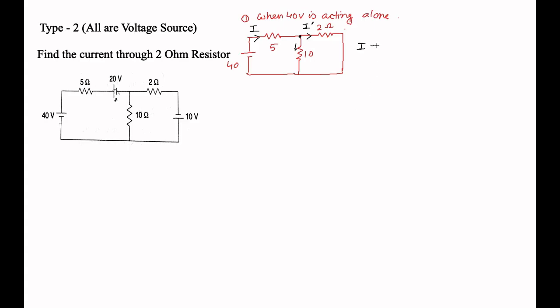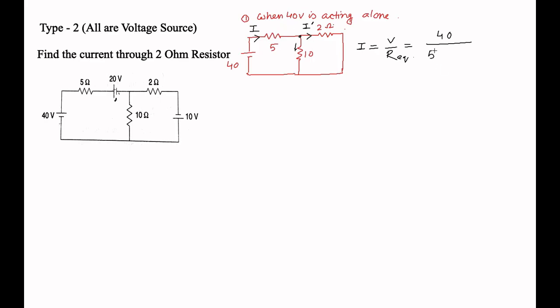To find I, I is equal to V by R. What is V? V is nothing but the 40. And what is R? R means the R equivalent. So 2 and 10 are in parallel, and the resultant of these two is in series with the 5.